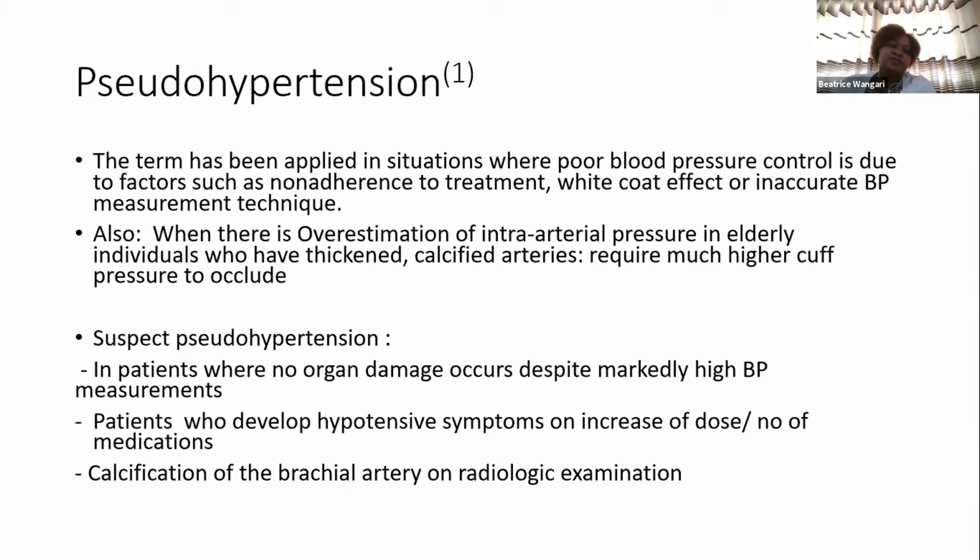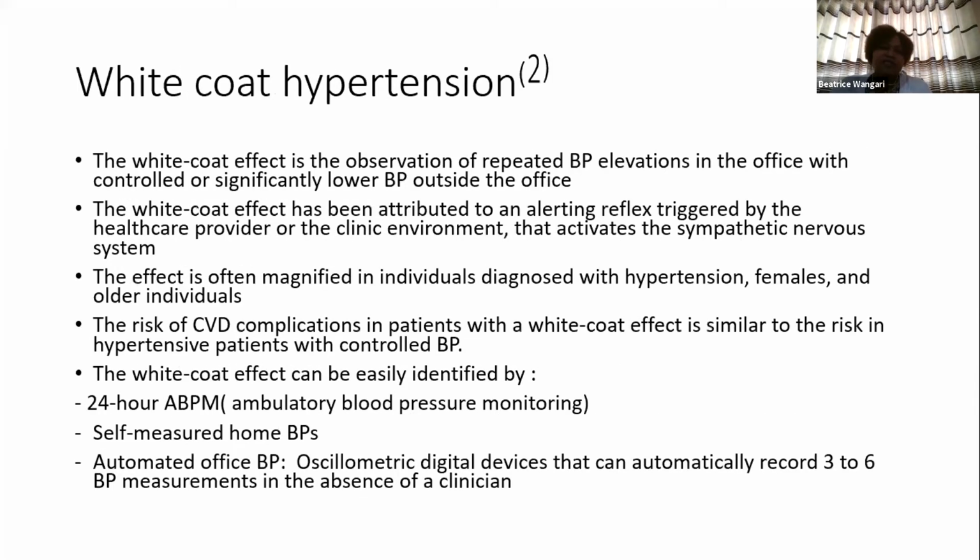The other situation is when you increase their medications or the dose, and they become hypotensive. Then it would mean probably this patient was not taking the medications you assumed were not bringing their blood pressures down. And you can also confirm the diagnosis with imaging, where you may see calcification of the arteries in elderly patients.